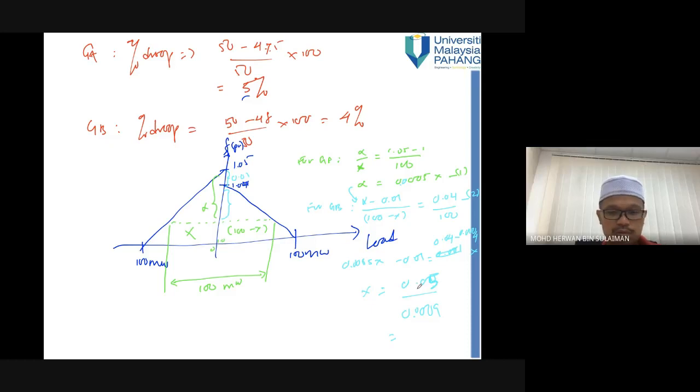So 0.05 divided by 0.0009. So you get 55.5556 megawatts. Okay, so this one is your X equals GA. So your GB is 100 minus 55.5556, 44.444.